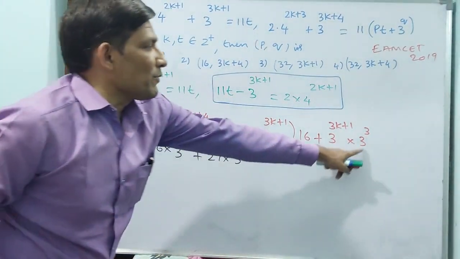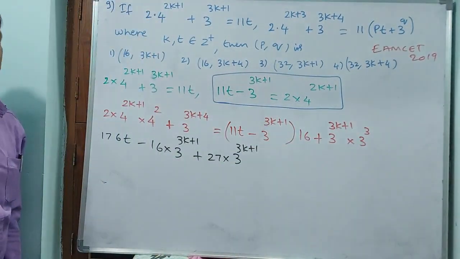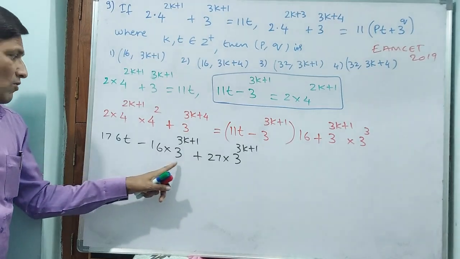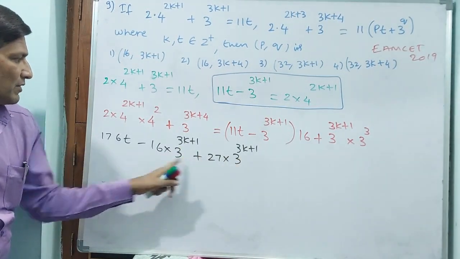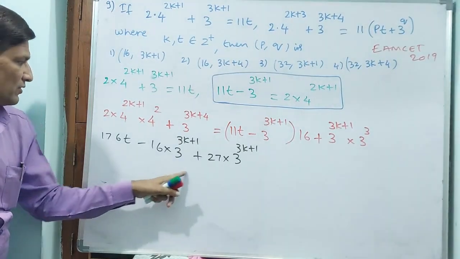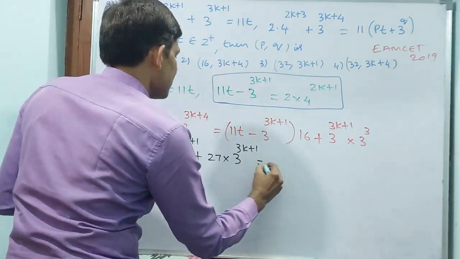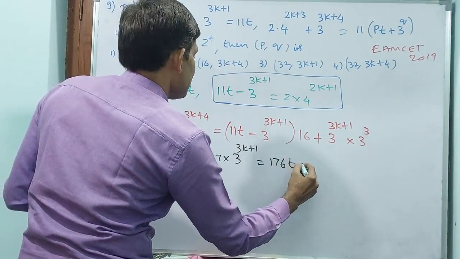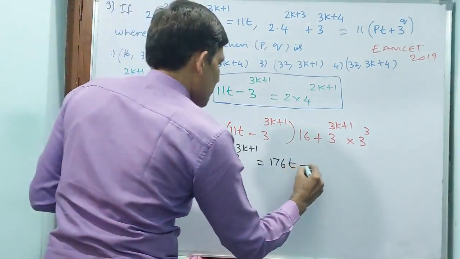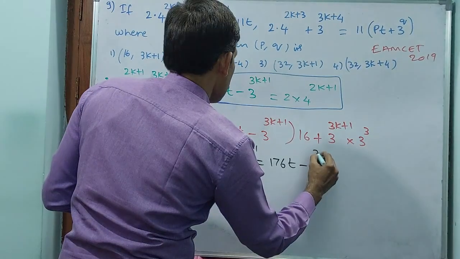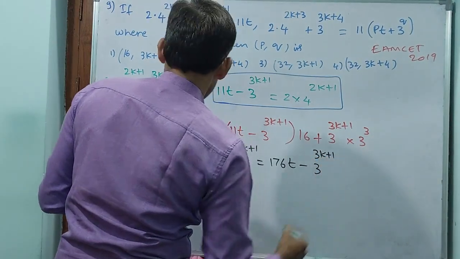Because 3 cube means 27: 3 into 3 is 9, 9 into 3 is 27. Now once again, you see, 3 power 3k plus 1 and 3 power 3k plus 1, you can take common between these two. It will be 176t like this only, minus, I will take common, 3 power 3k plus 1.